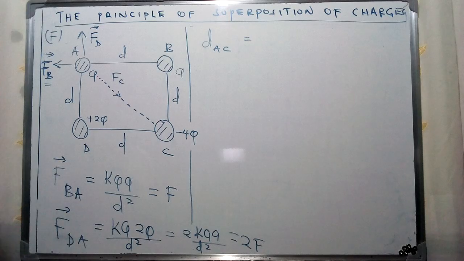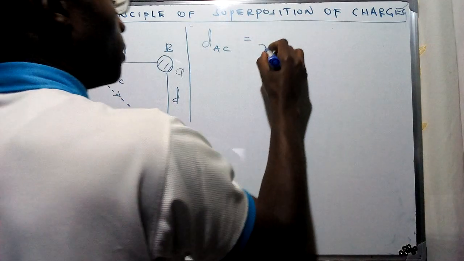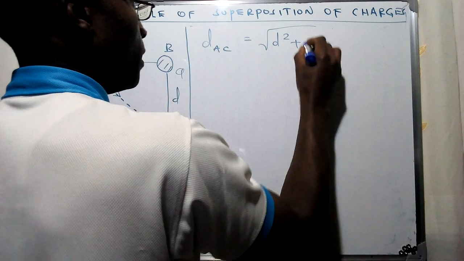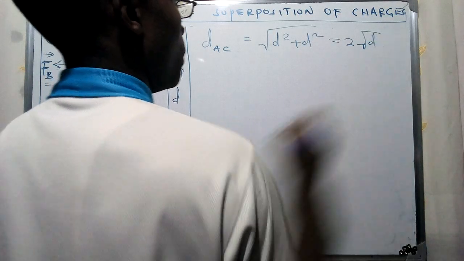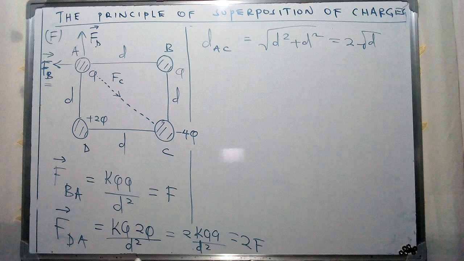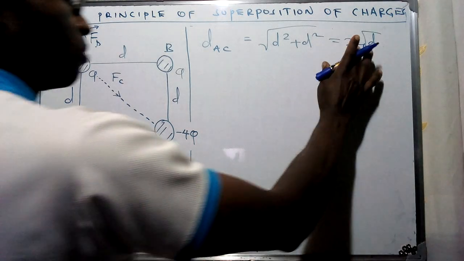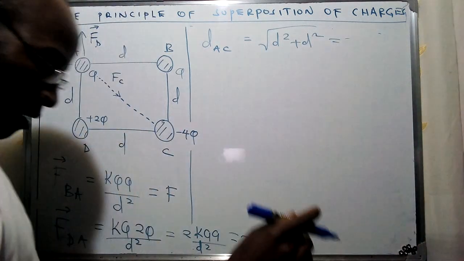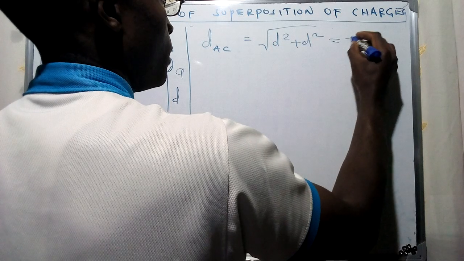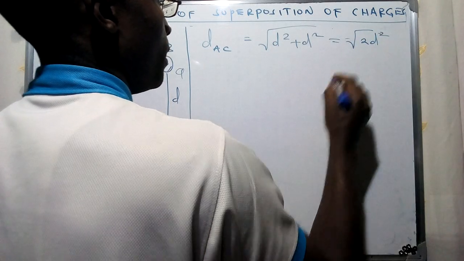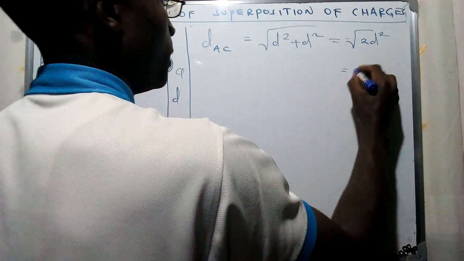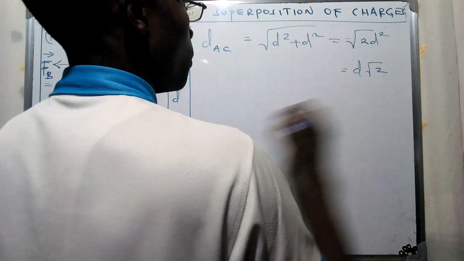Using Pythagoras theorem, this is going to be the root of d squared plus d squared, which is basically the root of 2d squared, and therefore this is going to be d root 2.